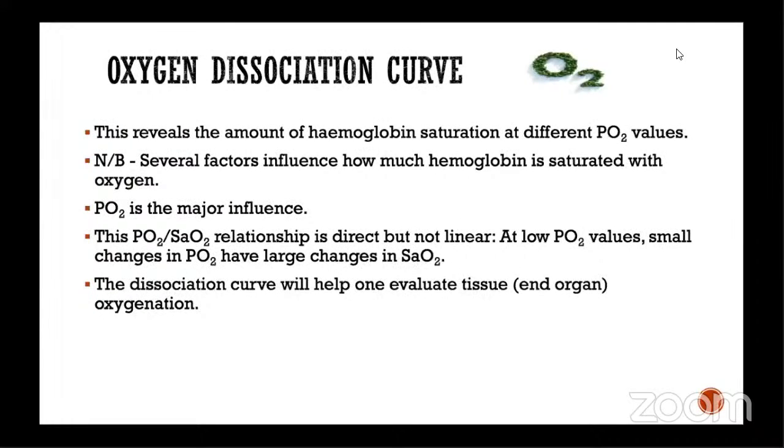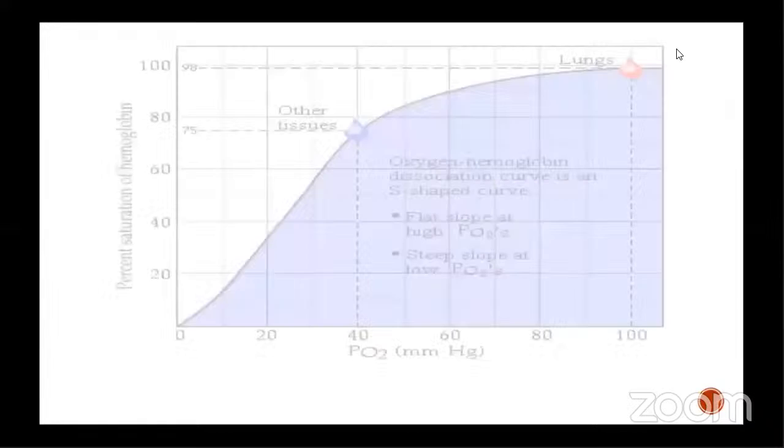Let's take a look at the oxygen dissociation curve. This reveals the amount of hemoglobin saturation at different partial pressures of oxygen. That means partial pressure is the major influence in how the hemoglobin gets saturated with oxygen. This relationship is direct, but it's not linear.